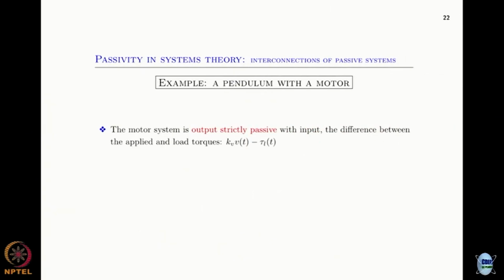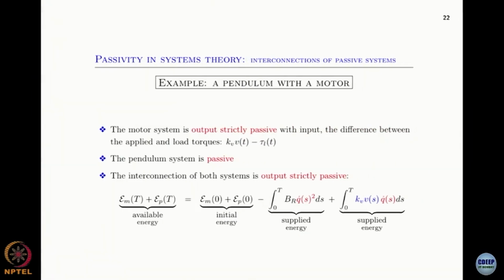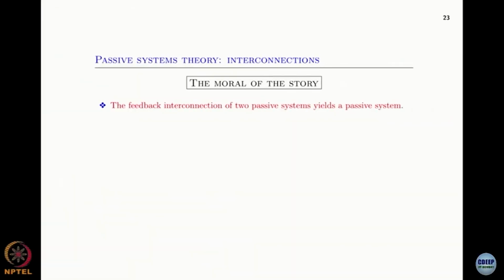And once again, this is because the motor is output strictly passive, with input being this difference. The pendulum is passive, so I'm interconnecting a passive system with an output strictly passive system. So the resulting interconnection will be output strictly passive due to this guy, right? So I recover this term in the total energy balance equation.